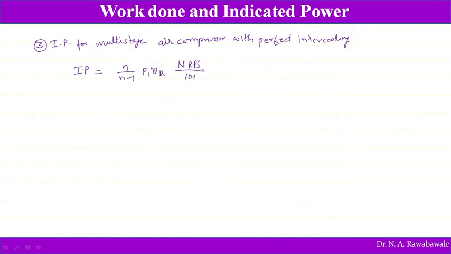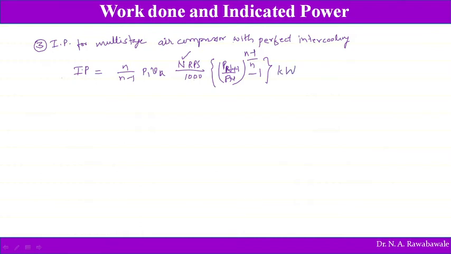divided by 1000. So this N is number of stages, in bracket P2 divided by P1, or Pn plus 1 divided by Pn, to the power of N minus 1 divided by N minus 1, kilowatt.